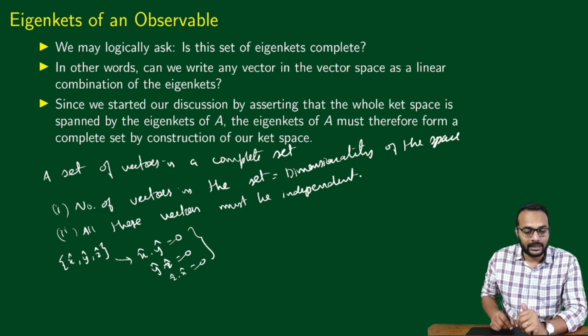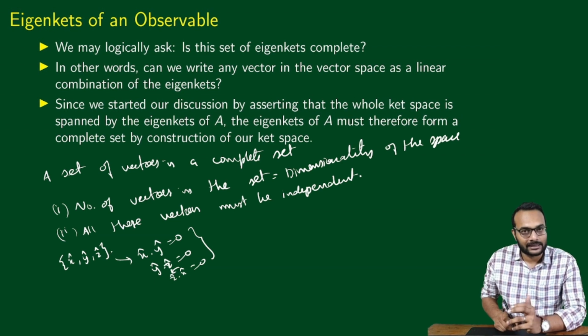If x hat dot y hat is 0, it means that x hat has no component along y direction, and no component along z direction. Similarly, y hat has no component along x direction or z direction. That's the case also for z hat. This means that x hat cannot be expanded in terms of y and z, y hat cannot be expanded in terms of x and z, etc.